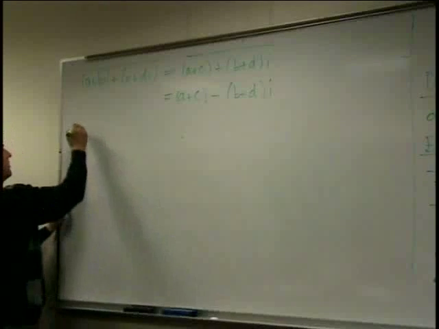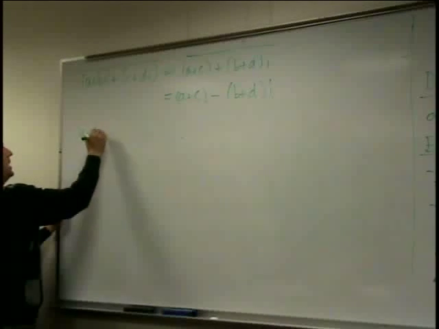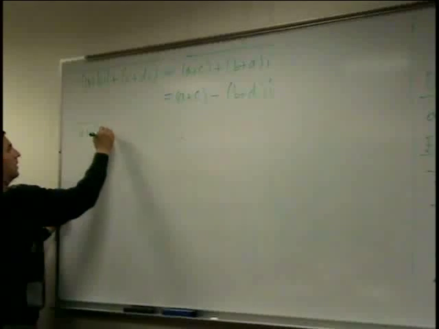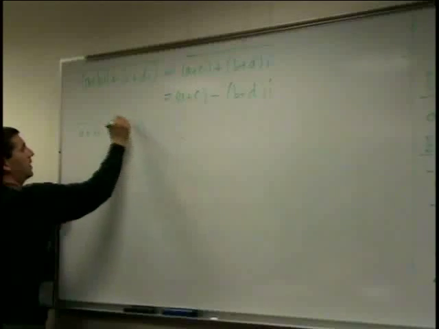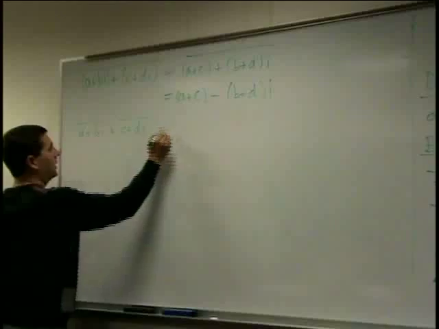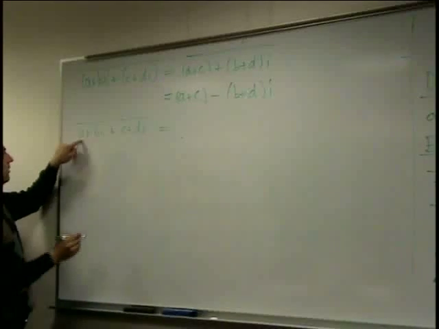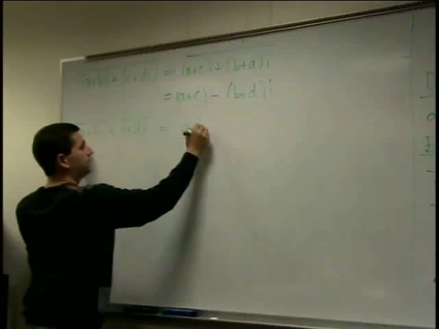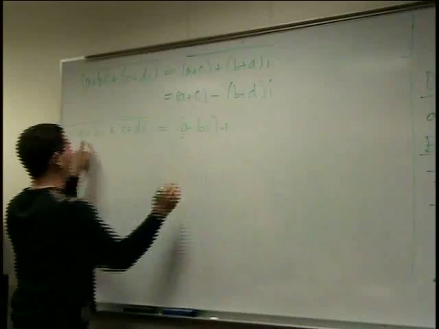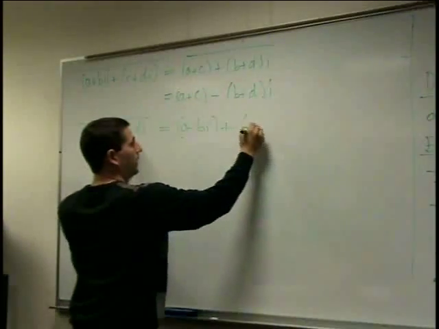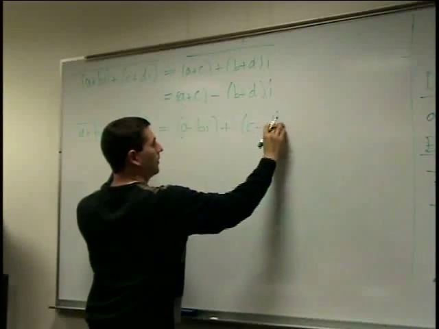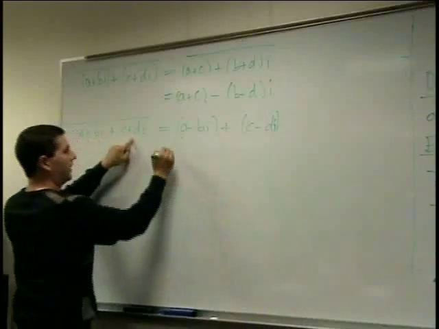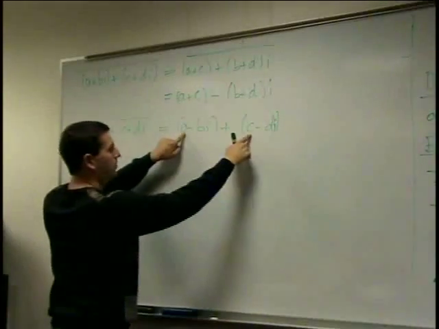Well, let's check the other side. You do a plus bi, and you conjugate it. And you do c plus di, and you conjugate it, and you add it up. What do we get? The conjugate here is a minus bi. And the conjugate here is c minus di. And if we add those together, we get a plus c.